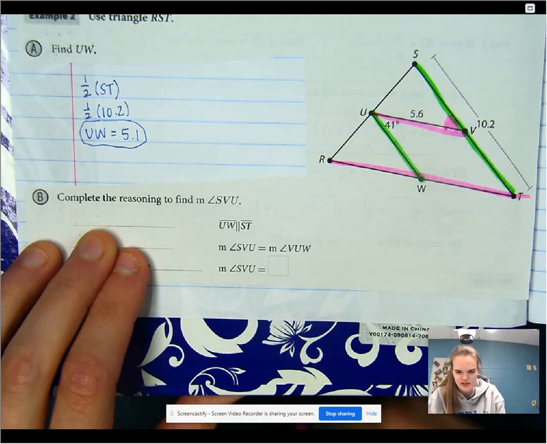Okay, then it says SVU is congruent to VUW because they are alternate interior angles. Is it interior? Looks like alternate exterior. Alternate interior angles. Alternate interior.